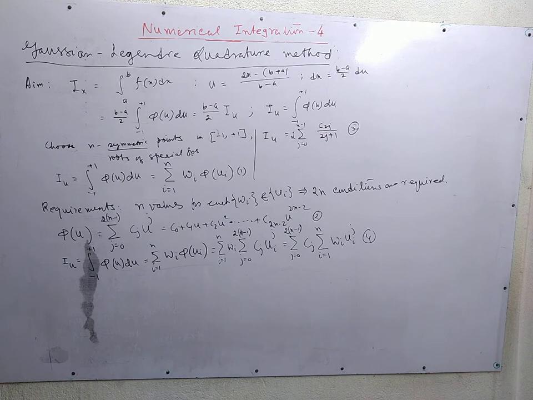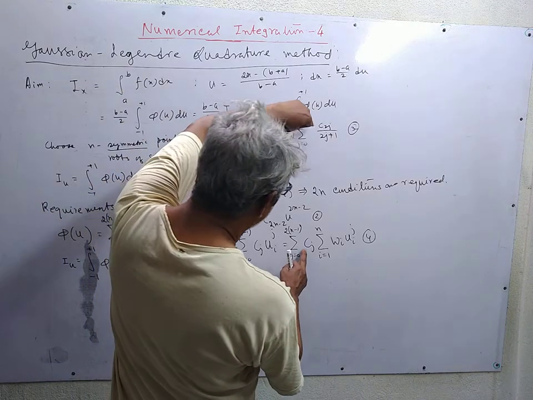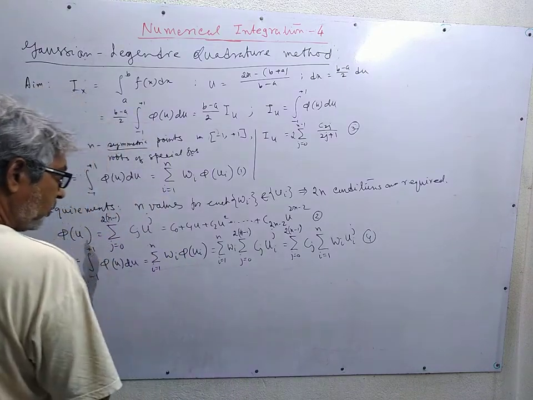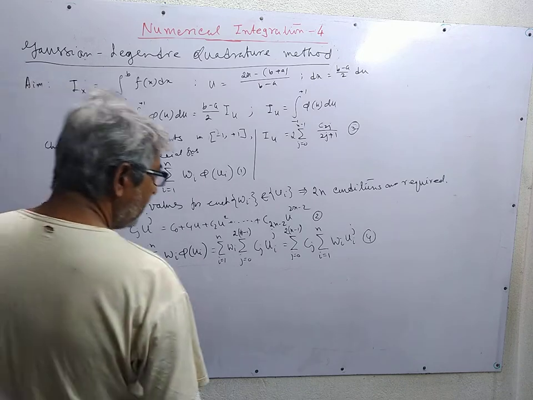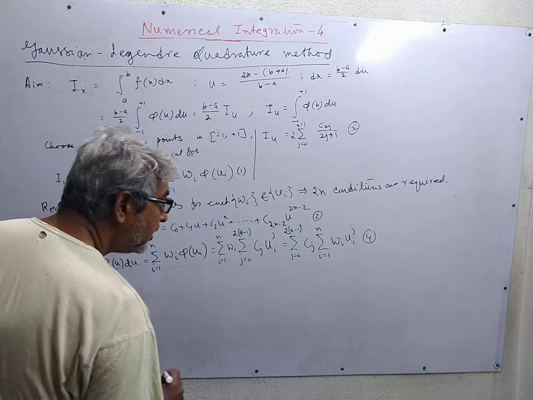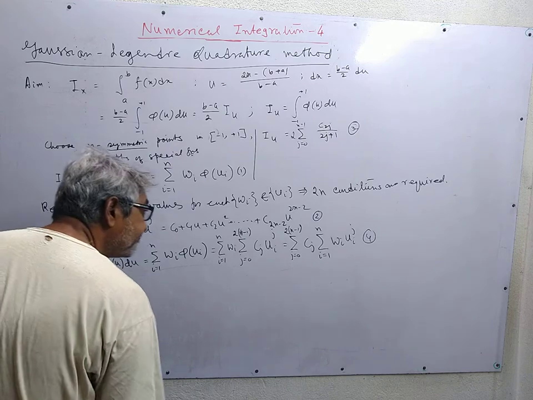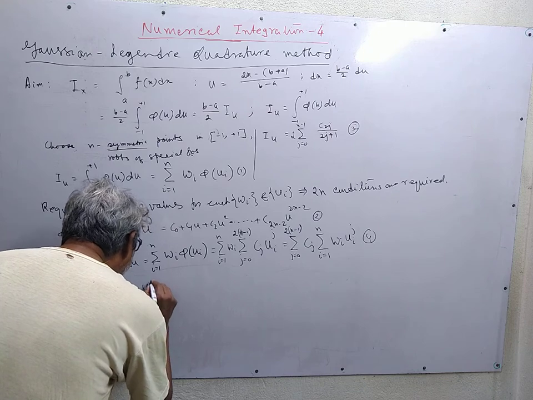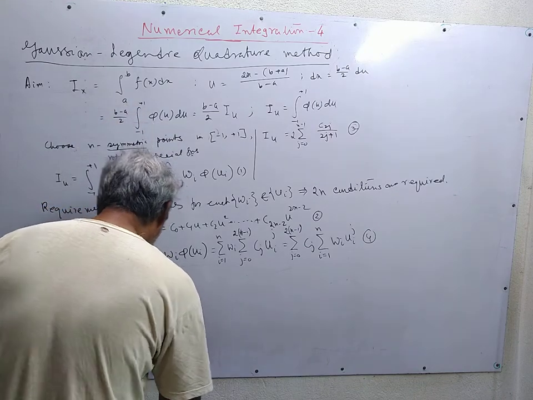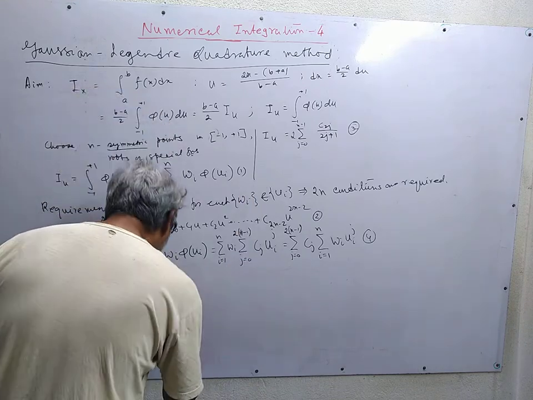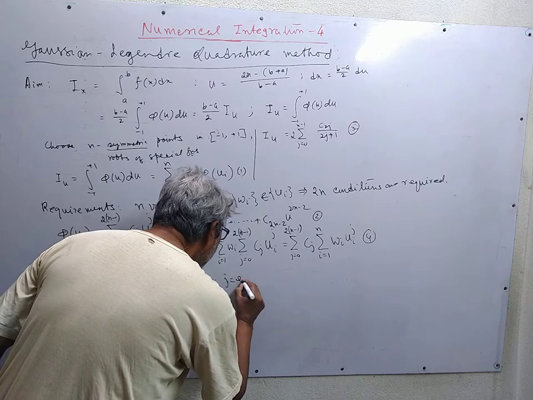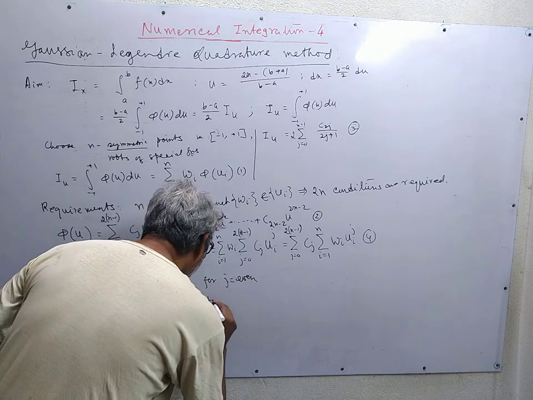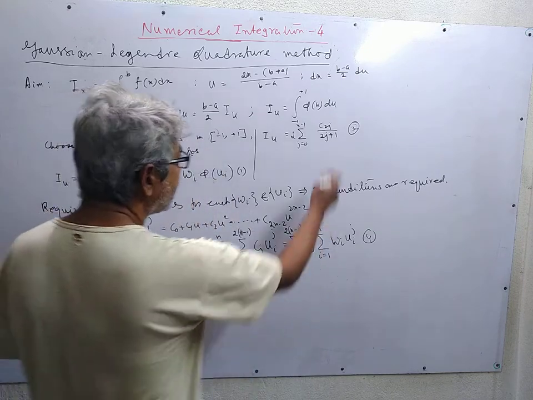If we compare equation 3 and equation 4, comparing the coefficients, we get summation over i equal to 1 to n of wi ui to the power j is equal to 2 by 2j plus 1 for j even and 0 for j odd, because there are no odd terms.